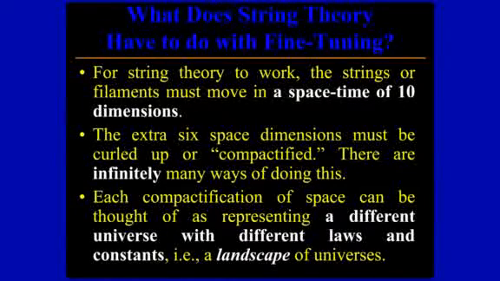So what does that have to do with fine-tuning? Well, in order for string theory to work, it requires that space-time be 10-dimensional. 9 dimensions of space, 1 dimension of time. We only see 3 dimensions of space, right? So what happened to the other 6? Well, they're all curled up into little structures called orbifolds. And this is also on the Planck scale.